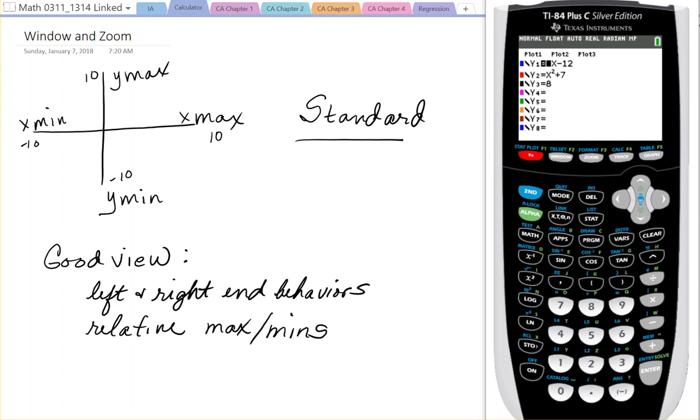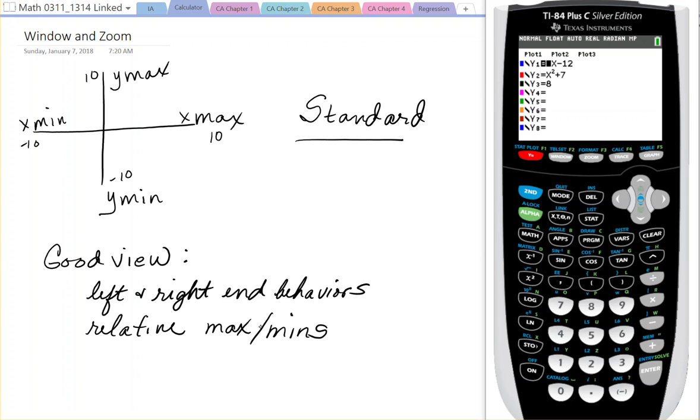Now, it is a good window or a good view if you can see what you expect the left and right end behaviors are. This will make more sense as we look at certain kinds of functions. But if you know a function is supposed to be heading down on the left side, then you should see evidence that that's going on within your window.